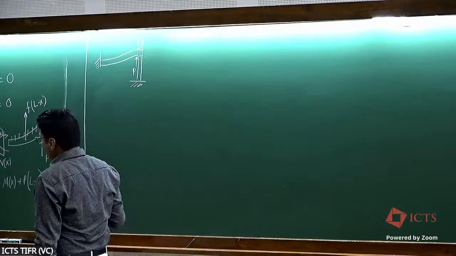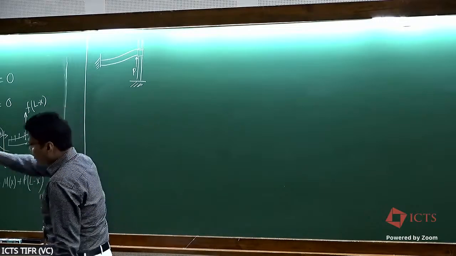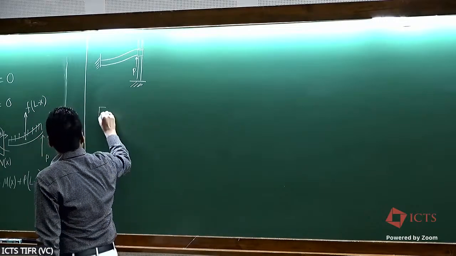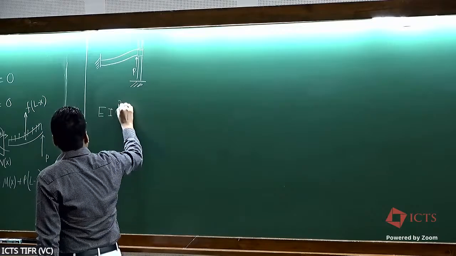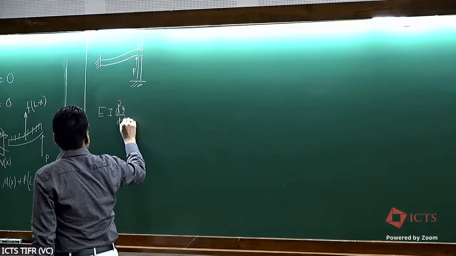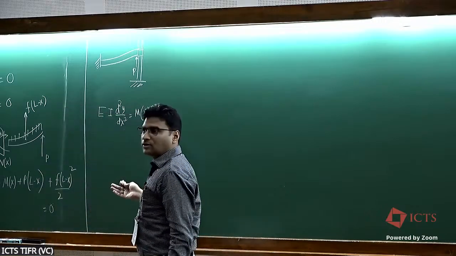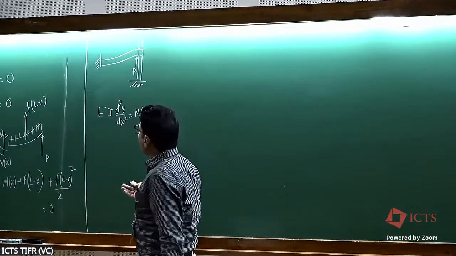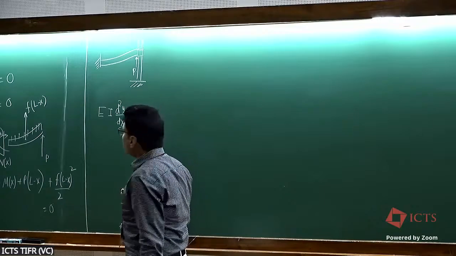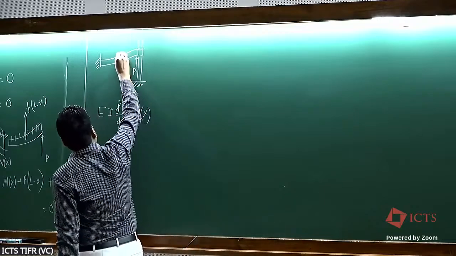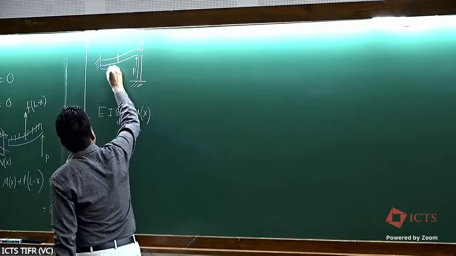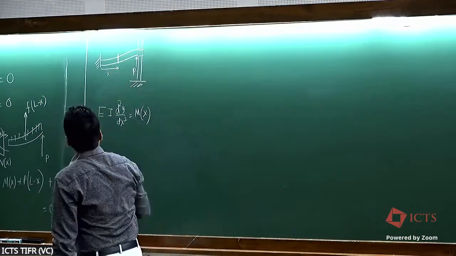Again, very simple. If you want to use Euler-Bernoulli beam theory, that is your equation EI d2y over dx2 equal to M of x. So the first task is to get your moment profile. Let us say you want the moment at a section x, at a distance x from the built-in end.